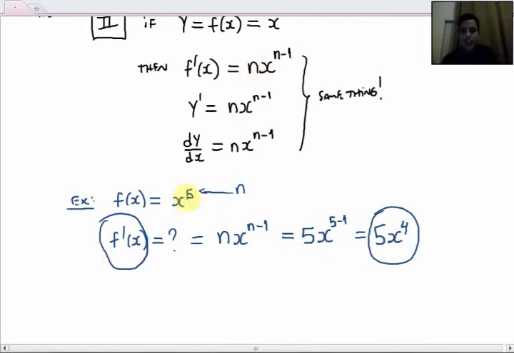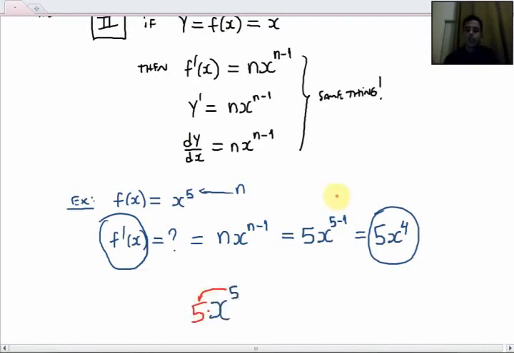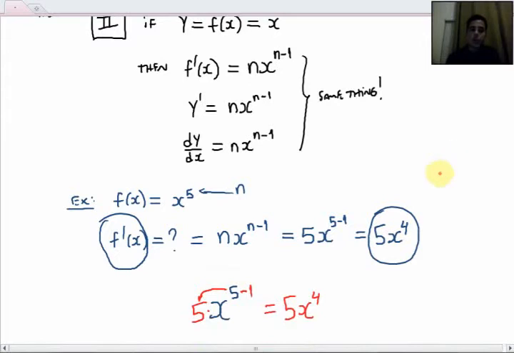So you bring it down, the 5 here, bring it down here, multiplying by x, and then you subtract 1 from that. See, that becomes 5x to the 4th. So it's very easy to memorize.